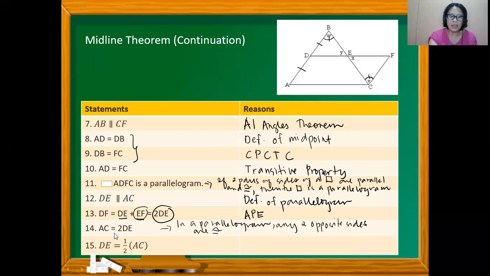And AC is the opposite side of DF. So we can say that the two are congruent. Now, DE equals 1 half AC.